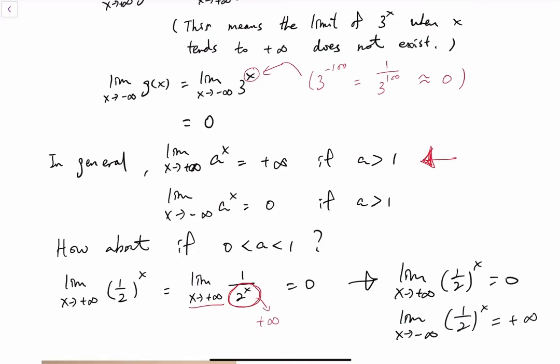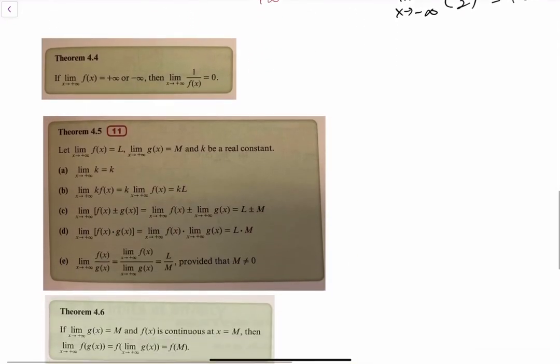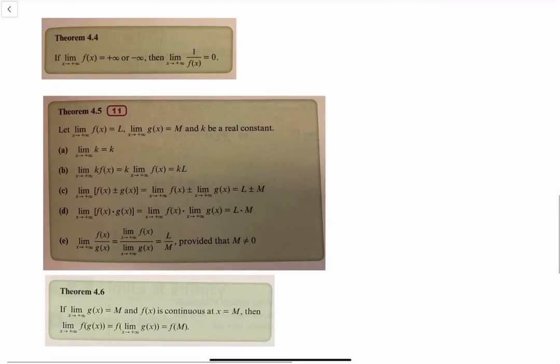Now we simply go to the textbook, some theory. Theorem 4.4. Let me explain this theorem a little bit. If x tends to positive infinity, f(x) is a very big number or a very small number, if this is positive infinity or negative infinity, then 1 over f(x) will become 0.